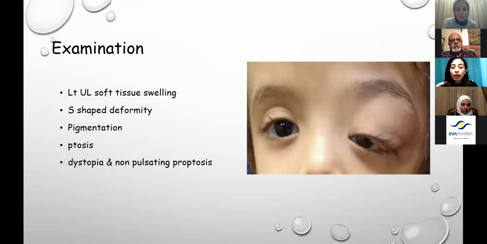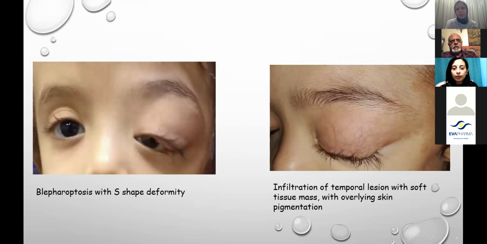We have a child with an upper lid swelling in the left eye and dystopia, infranasal dystopia, and ptosis. When we looked at the blepharoptosis, it has a characteristic S-shaped deformity, and she also has involvement of the temporal region, infiltrated with a soft tissue swelling with overlying skin pigmentation.